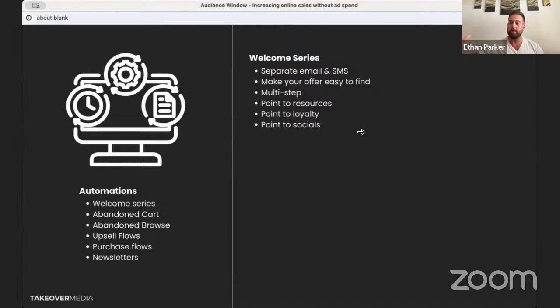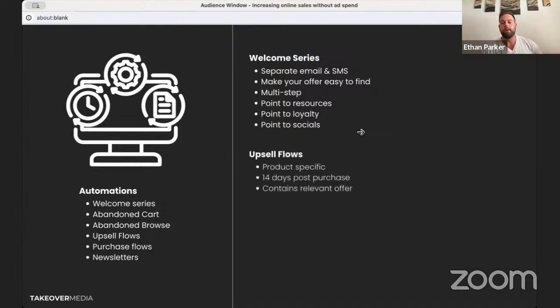Then for loyalty, point to the benefits there. And then point to socials, where to follow you and where to find you. I would suggest having a main place where all your content goes, which makes a great distribution point to find you on other content platforms. That's YouTube for a lot of folks, but it could be everything for you. So that's what to keep in mind on the welcome series.